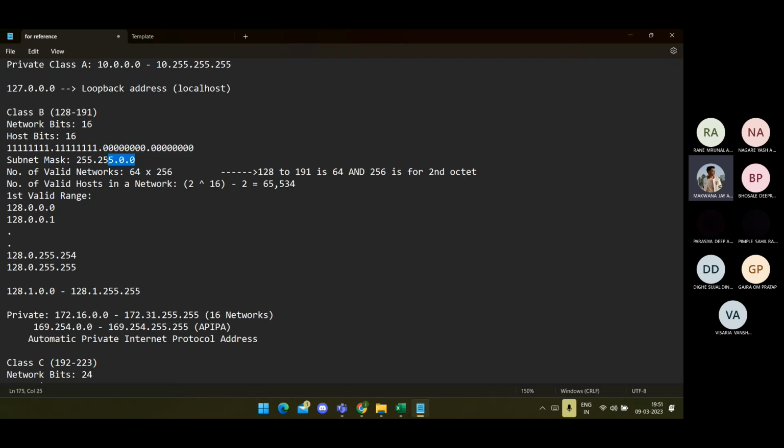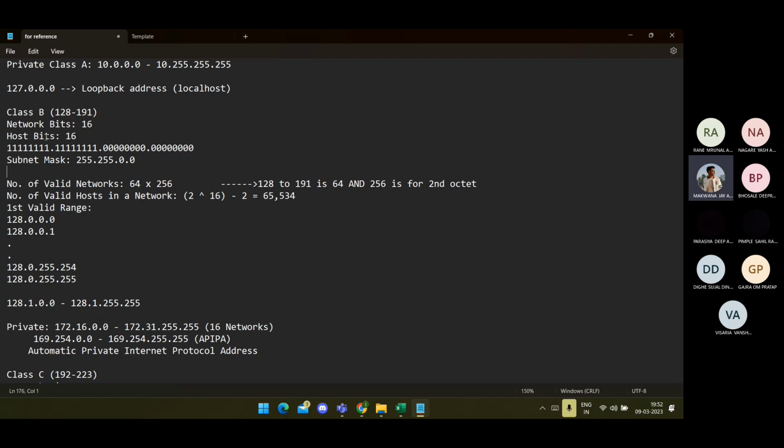This is the subnet mask, and in slash format, we can write it as /16. If someone asks for the subnet mask IP, you can write this, and if someone simply asks about the subnet mask, you can also write in this format.